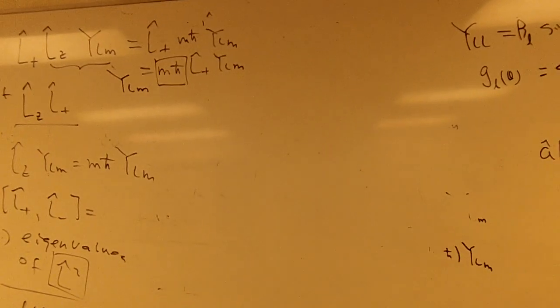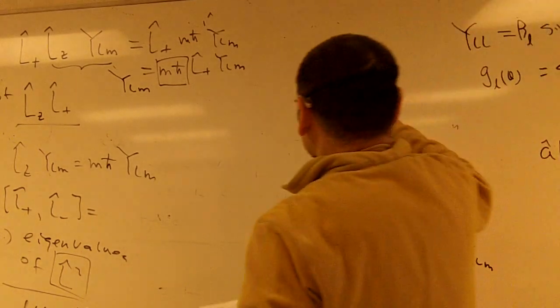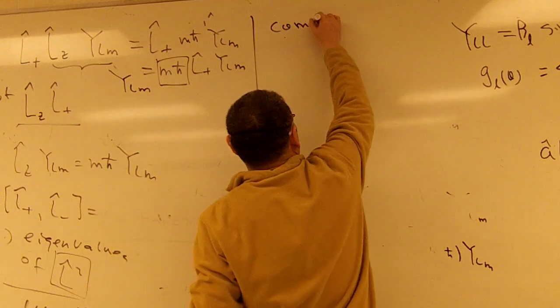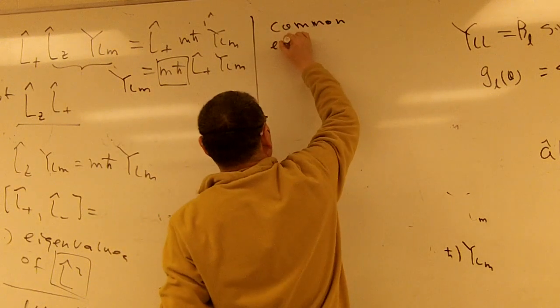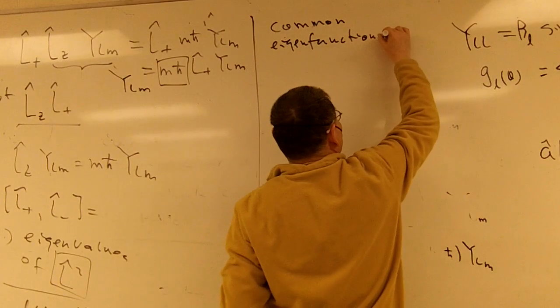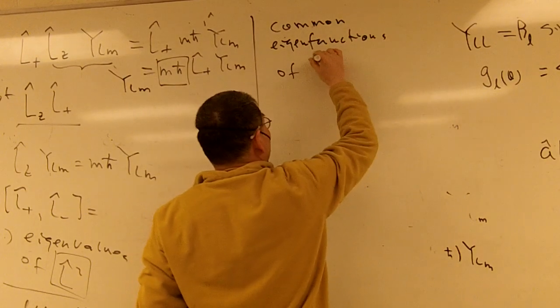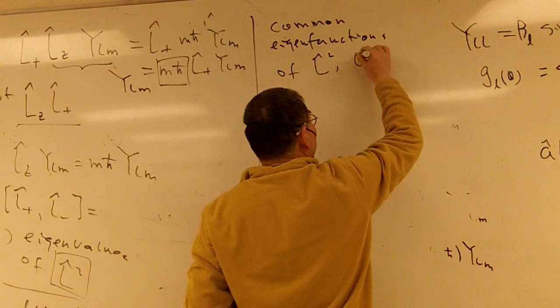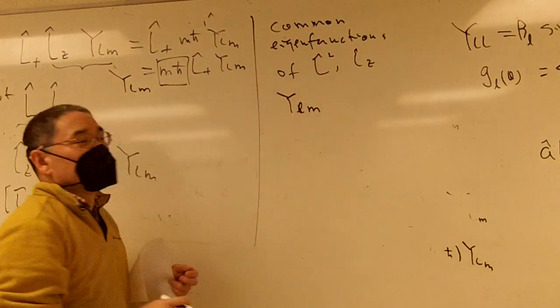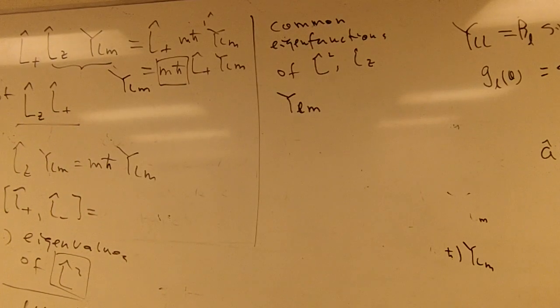Okay, so now I want to be extremely precise. The common eigenfunction of L hat squared and LZ are Y_LM. So that's the common eigenfunction.